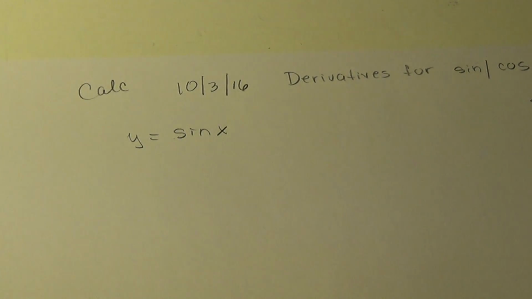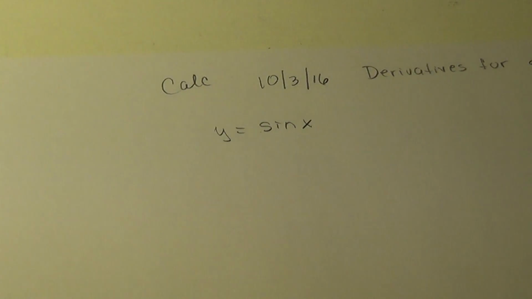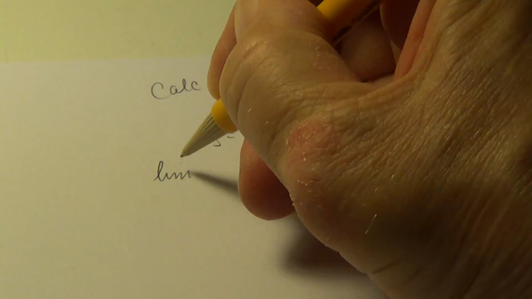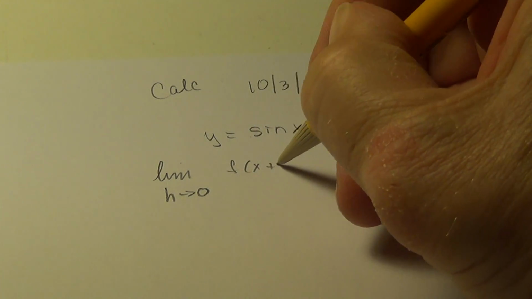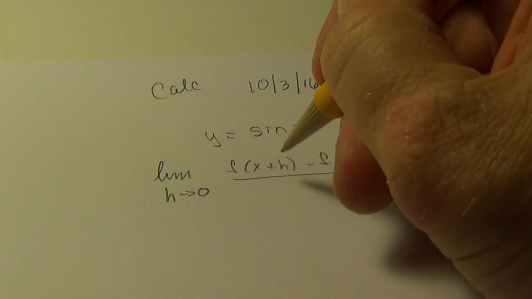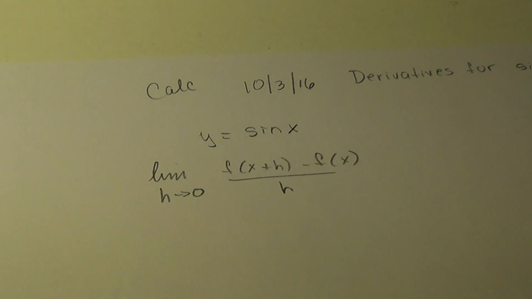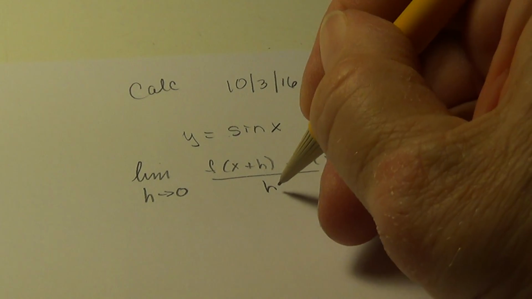The limit definition I'll use is the one that we're most familiar with: the limit as h approaches 0 of f of x plus h minus f of x, divided by h. This is the difference quotient. Alright. Hope that doesn't get stuck in your mind.